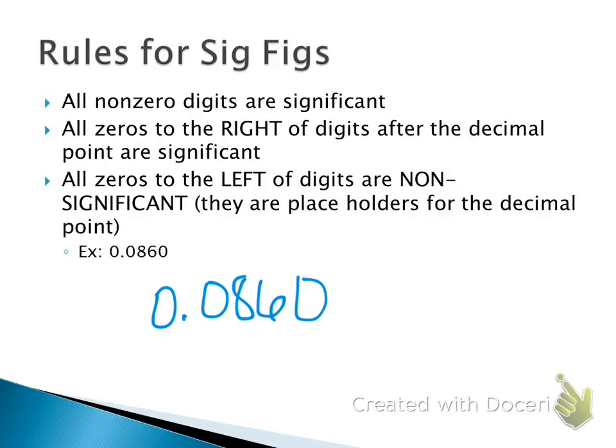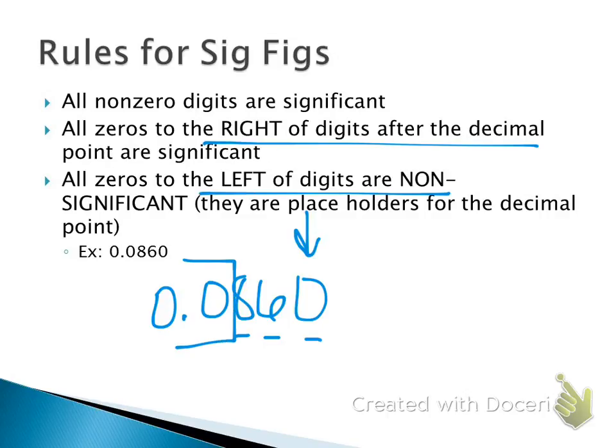How many sig figs do I have? 3. My 3 sig figs are 1, 2, 3. This 0 is to the right of digits after a decimal point. These zeros are to the left of digits, whether before or after the decimal doesn't matter. So anything before digits start is non-significant. They're just placeholders. Okay? Questions?